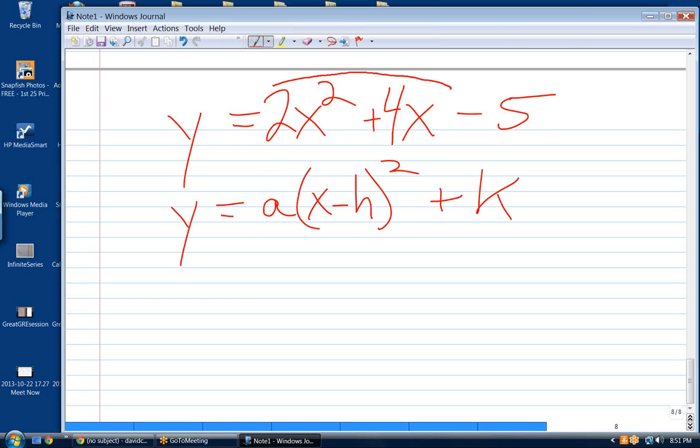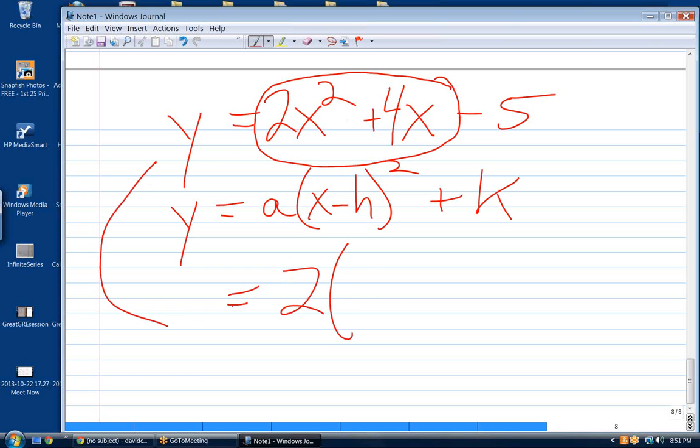Before I can complete the square, I have to make sure the coefficient of the x squared term is 1. So I'm going to factor out a 2. Haven't changed anything.